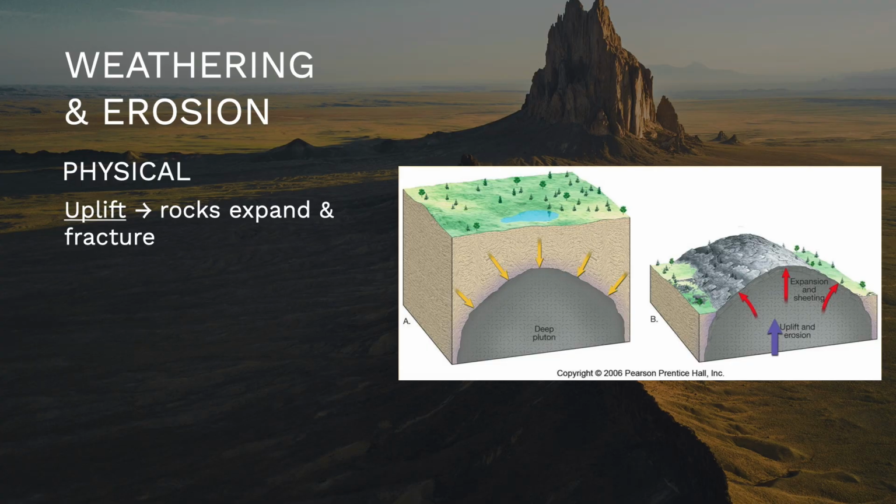And as they don't have that pressure keeping them down any longer, these rocks will then expand, because they're not being compressed and squeezed down anymore. They'll kind of relax and expand open. As these rocks expand, they'll typically start to fracture, which will break these rocks apart.